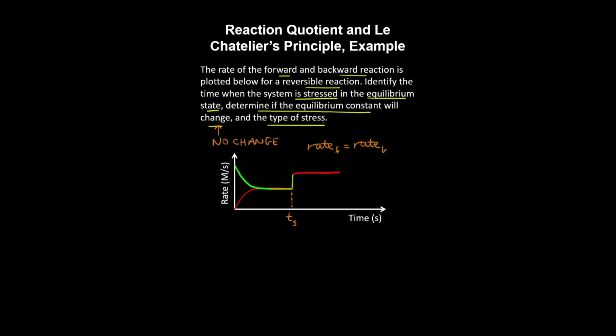And if the stress was due to a change in temperature, then the forward and backward reactions will change by different amounts. But since they increased by the same amounts, then the stress must have been due to a catalyst, which increases the rates of both the forward and backward reactions.